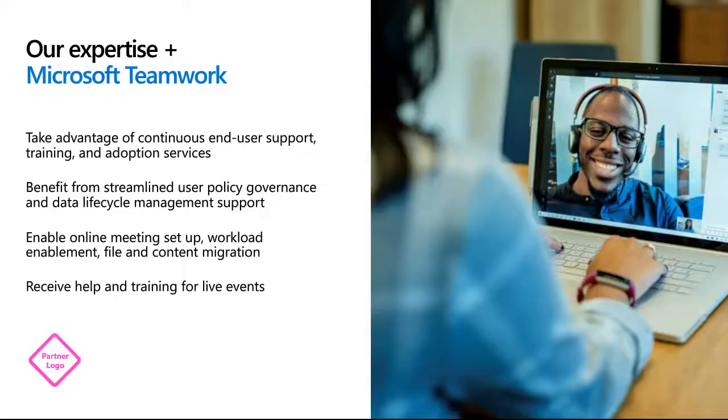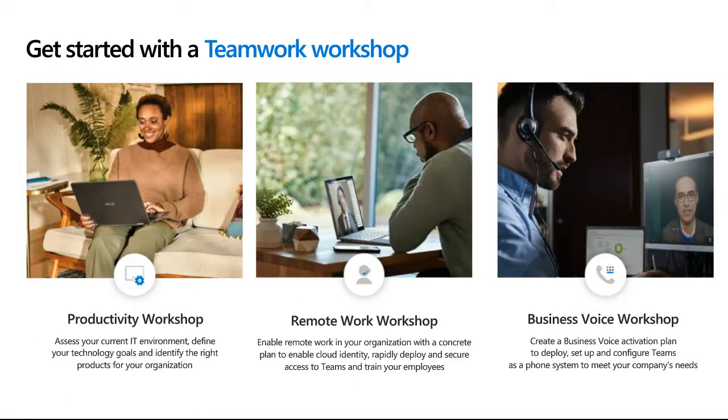As I mentioned earlier, there is a plethora of documents and collateral that Microsoft can help you with. Here is an example of a piece of collateral that Microsoft can provide to partners like yourself. These are white labels, so you are able to brand them with your company's logos. Not only do we have the white label collateral that you can send out to your customers, we also have the teamwork workshops.